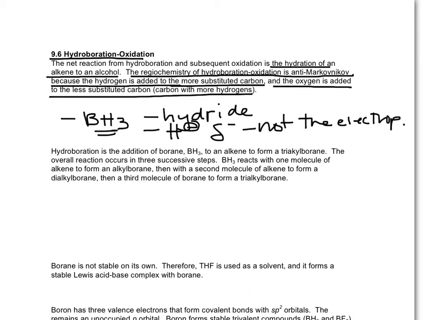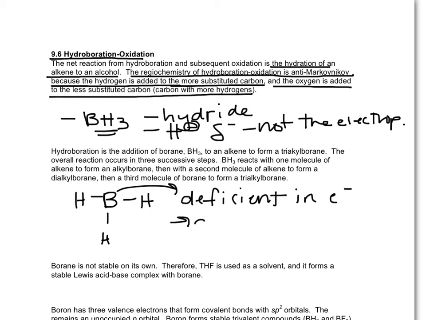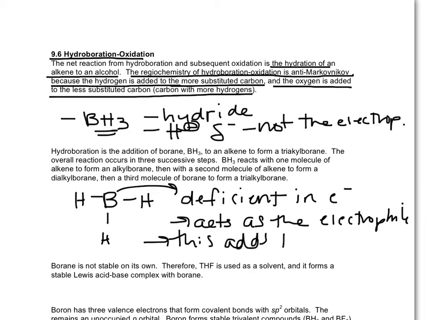In this reaction, the boron is deficient in electrons and acts as the electrophile. So that this adds to the least substituted carbon.